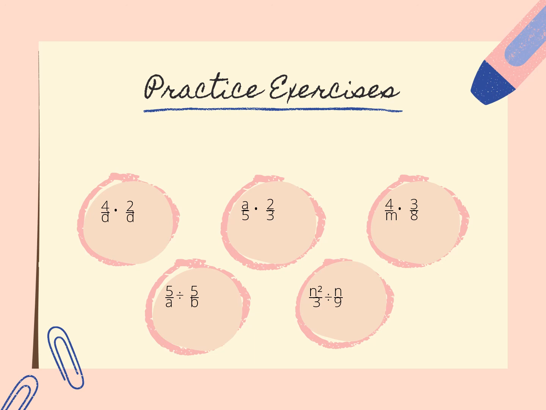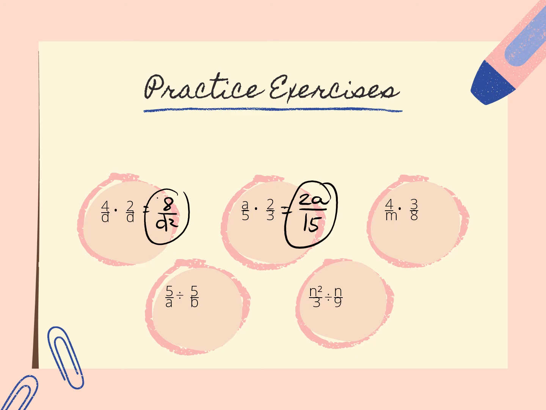So let's have the first one. This would be 4 times 2, so 8. D times D, so this is D squared. Next, we have 8 times 2, so that is 2A, and 5 times 3, so that is 15.